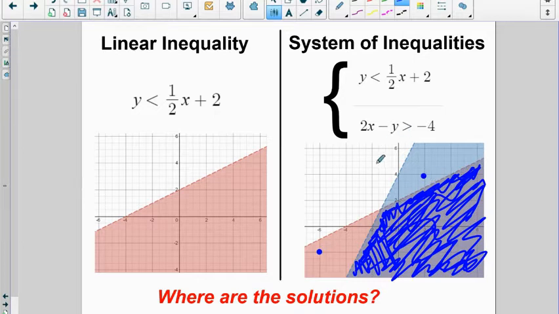So it's not going to be in the unshaded area. It's not going to be in the area that's only shaded in blue, and it's not going to be in the area that's only shaded in red. The solutions are going to be where the blue and the red overlap. So that's where it's a little bit different with systems of inequalities today.